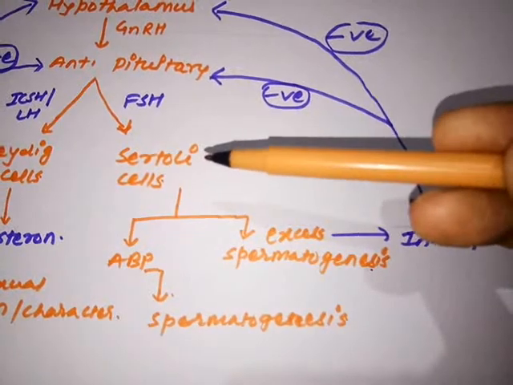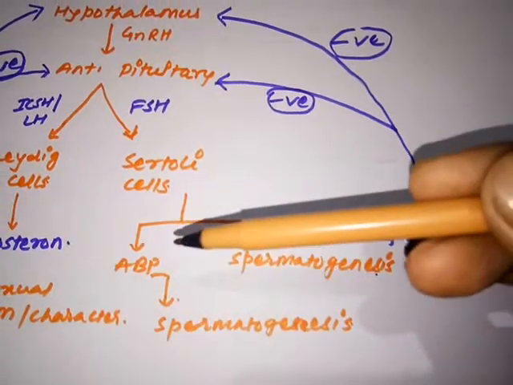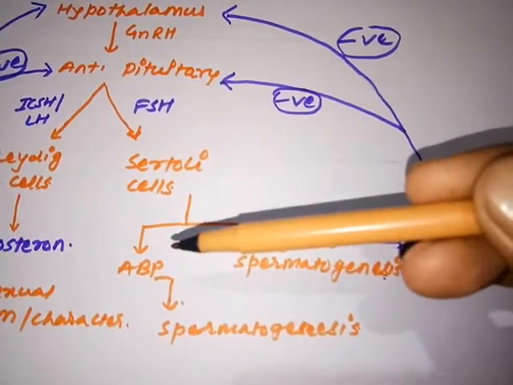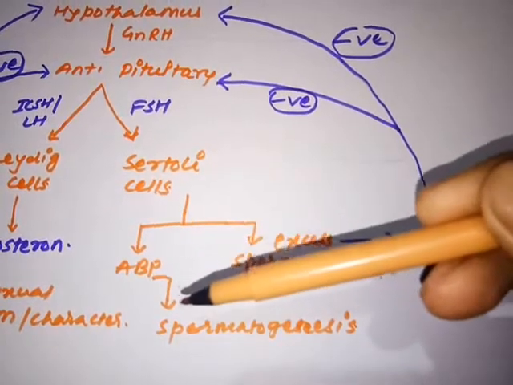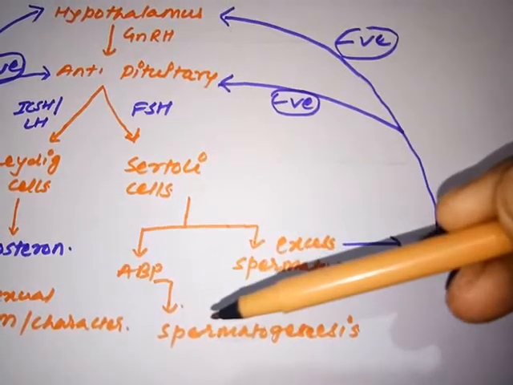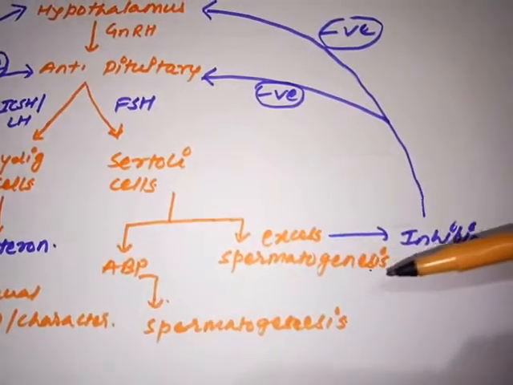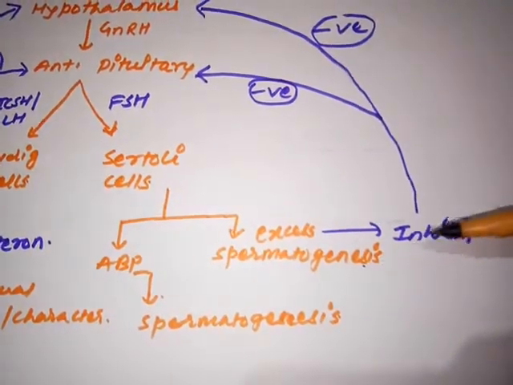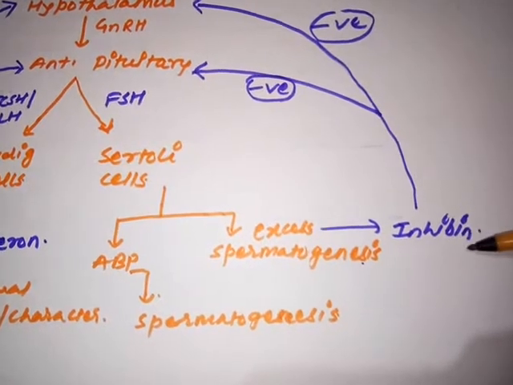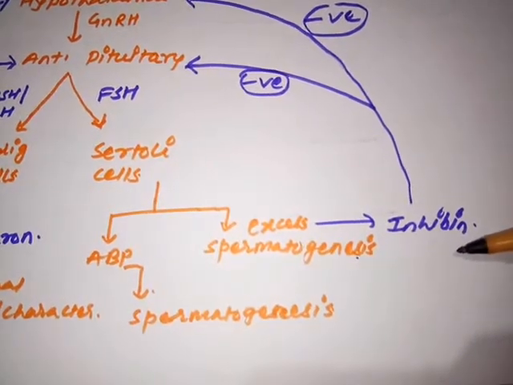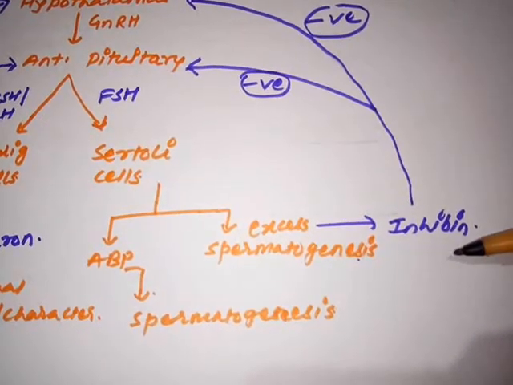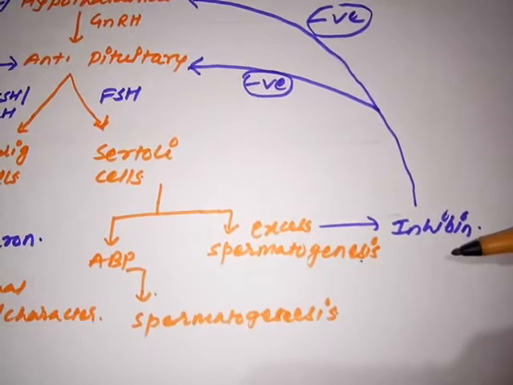The Sertoli cell, first of all, under the influence of FSH, will release the ABP. Due to the ABP, accumulation of testosterone will reach the maximum level of spermatogenesis. When the excess level of spermatogenesis is achieved, at that time the Sertoli cell itself releases what? The inhibin. If you remember, during the function of the Sertoli cell, we have seen the function of inhibin also.